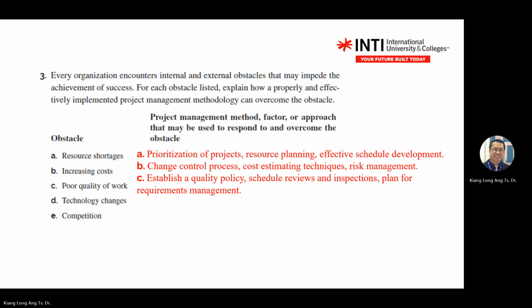So that's why you see all the answers are process, how to do it, how to solve it. So technology change, this one, you can solve question number 2. Again, you do review, you do scope management, you do control and configuration. Because you changed already, you need to change the control and configuration.